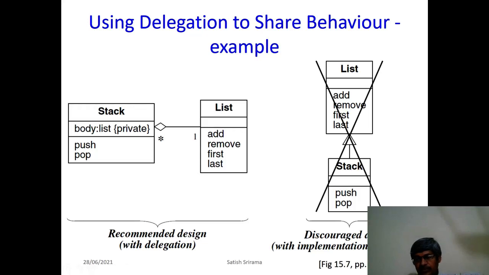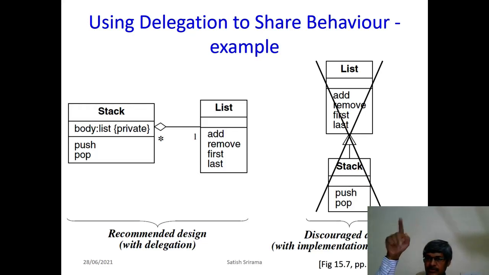Now what somebody can do is take the stack and make it inherit the list. In the push and pop operations, if you want to push an element to the stack, you go to the end of the list, that is, get the last, and add it there.